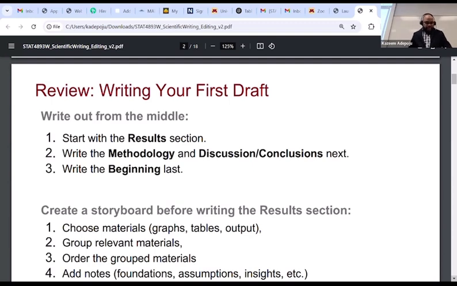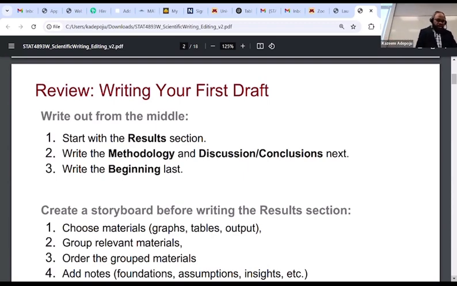The result section, like I said, presents the core findings of the study, and you're going to have that in the form of tables, charts, figures, and statistical analysis. So it's very, very crucial. Start the writing from the middle.